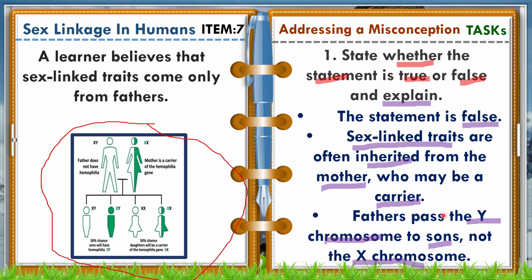The father only passes the Y chromosome to the son and not the X chromosome. So if the X chromosome is affected and the boy is affected, the X chromosome comes from the mother. Therefore, the statement cannot be correct to say that sex-linked traits come only from the father.